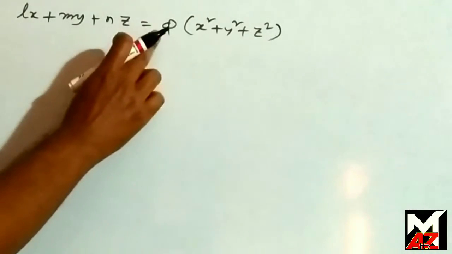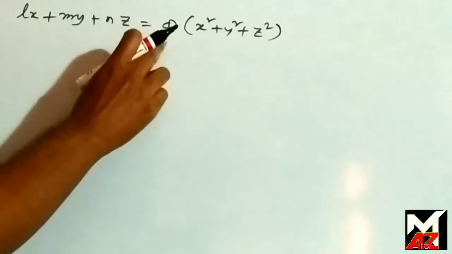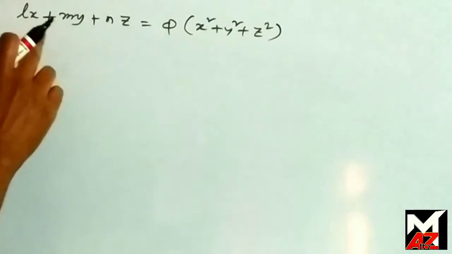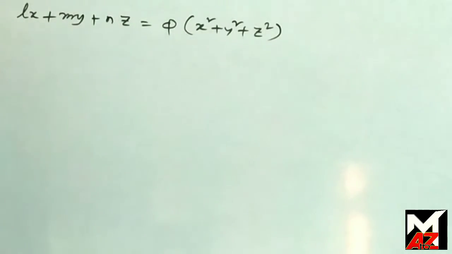Here phi is the arbitrary function and we can try to eliminate phi from this relation. We first differentiate with respect to x.